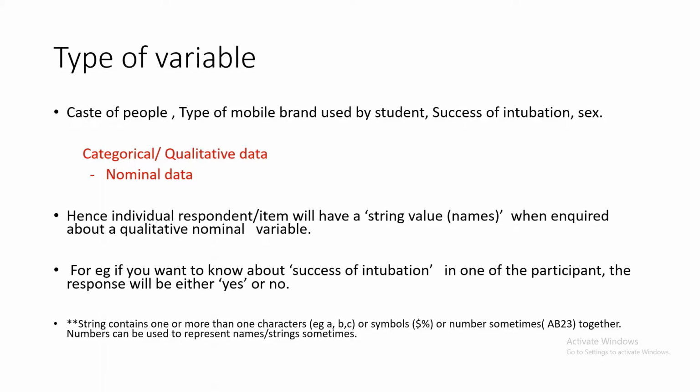Usually it is easier for calculation later on, like for sex, male and female. The researcher may collect a data like number 1 for male and number 2 for female. Yes, he has used a number to represent the variable, but even if numbers were used to represent the variable, sex is a type of a categorical data.